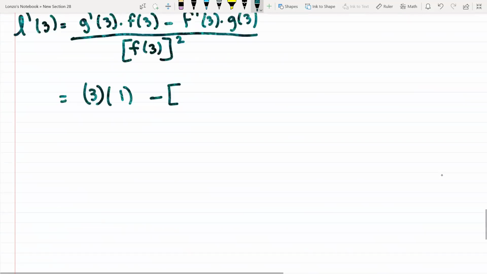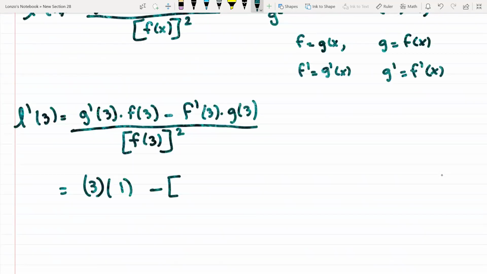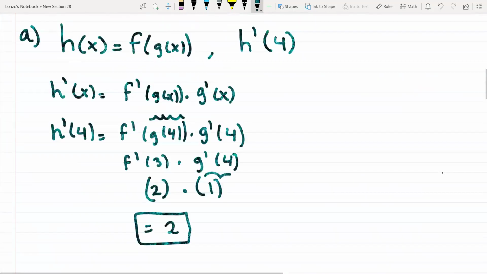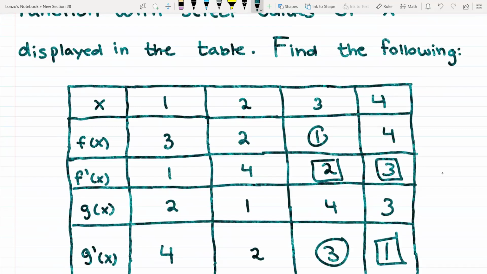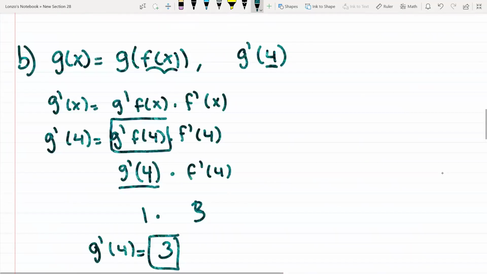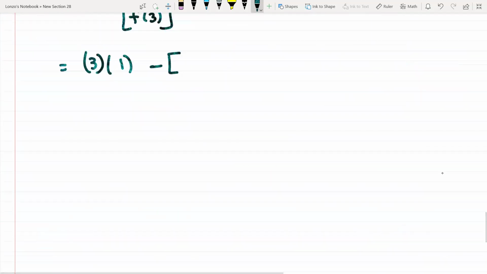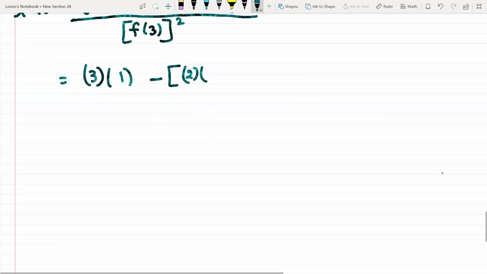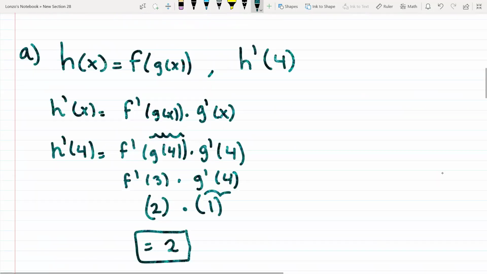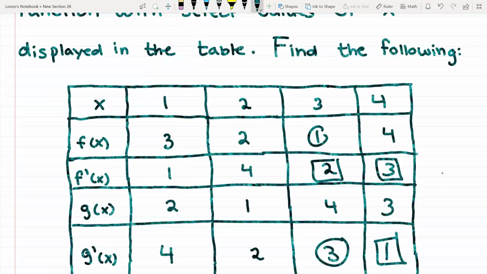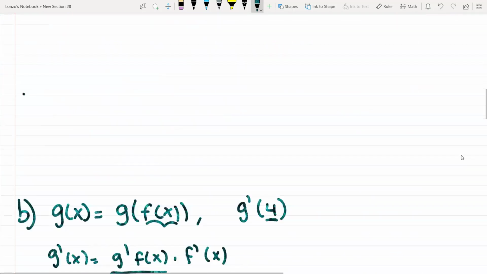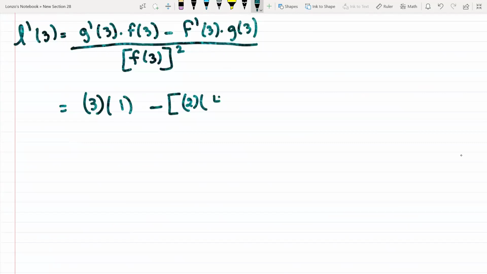Minus, in brackets, f prime of 3: there's f prime, 3 spits out 2. Times g of 3: there's 3, it spits out a 4. And then f of 3, which we already know is 1, so it's going to be 1 squared.